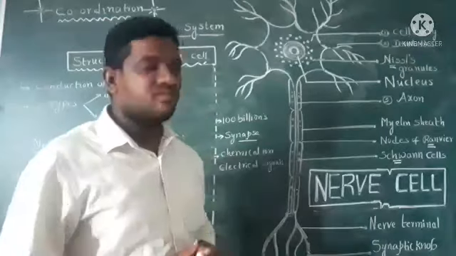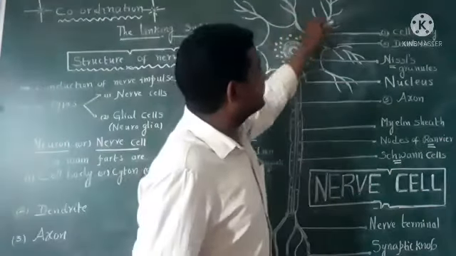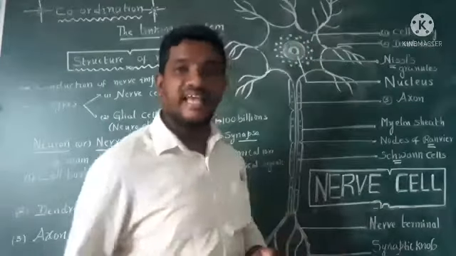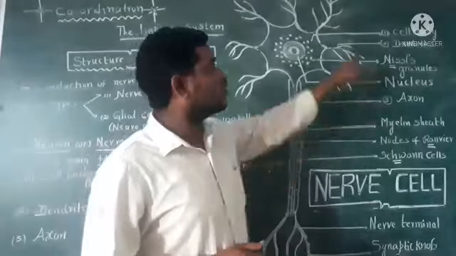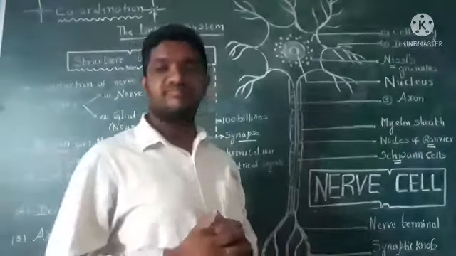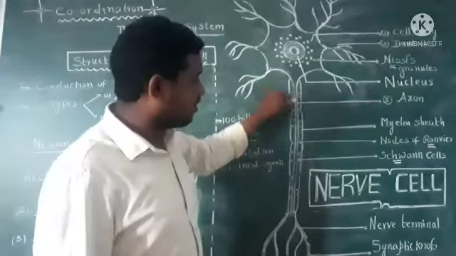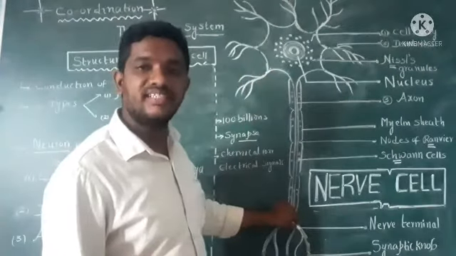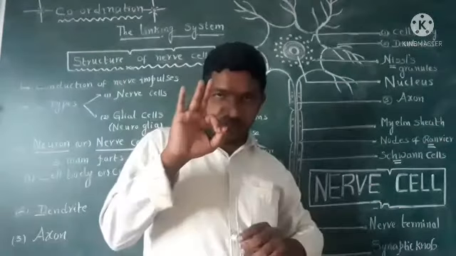Second, dendrites. These are the small projections extending from the cell body. Third one is axon, a long cylindrical structure.